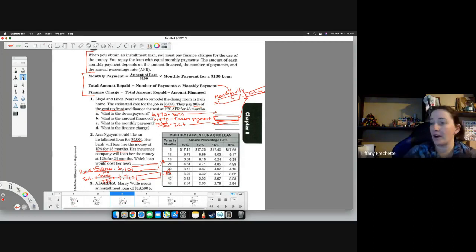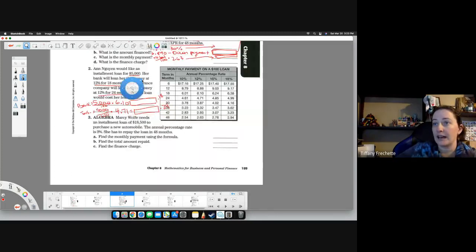All right, so let's look at the algebra piece here real quick. We have Marcy Wolf needs an installment loan of $18,500 to purchase a new automobile. The annual percentage rate is 9%. She has to repay the loan in 48 months. And then they go through and break it down here. Find the monthly payment using the formula.